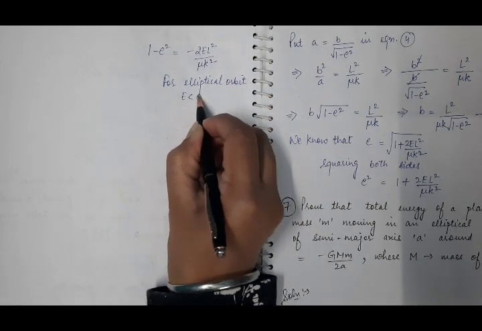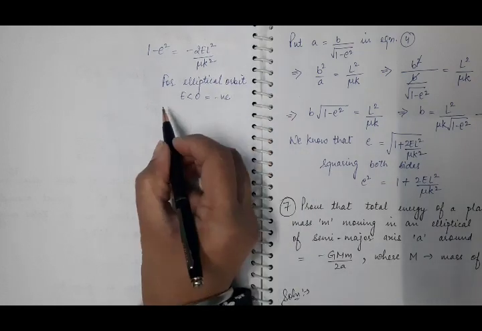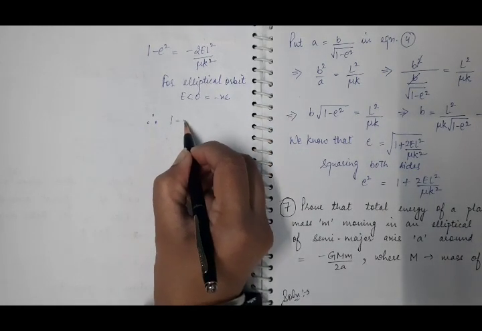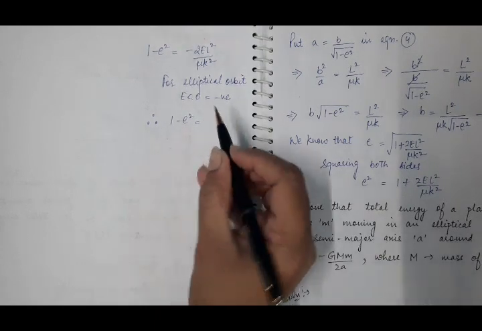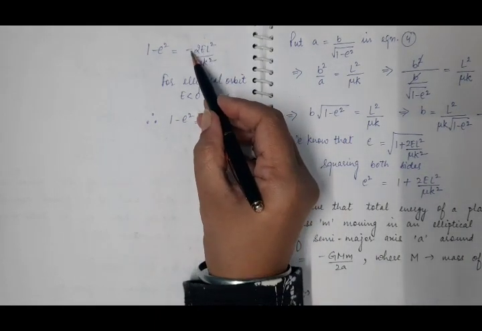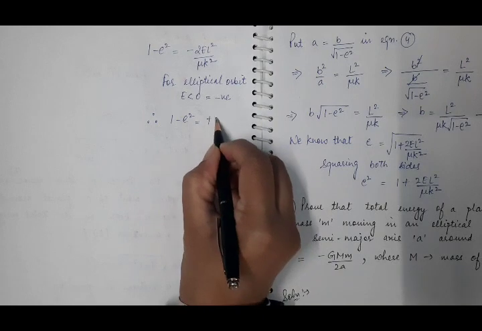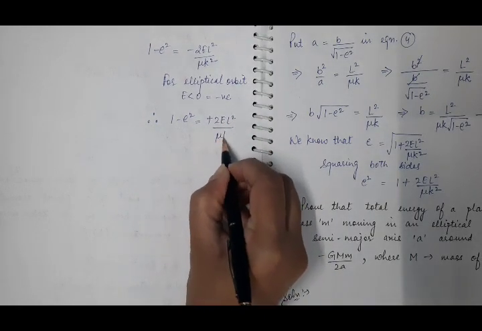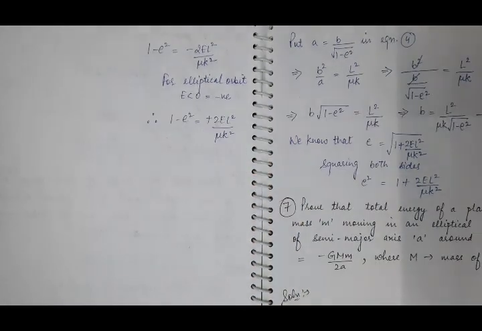E is less than 0, that is negative. Therefore, 1 minus e square is equal to negative and negative, it will be positive. So you can write it as plus 2EL square upon mu k square.